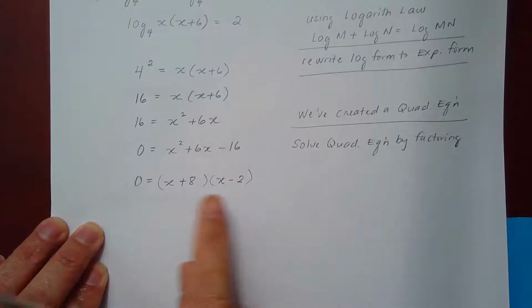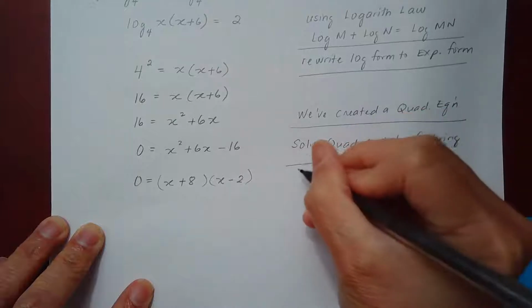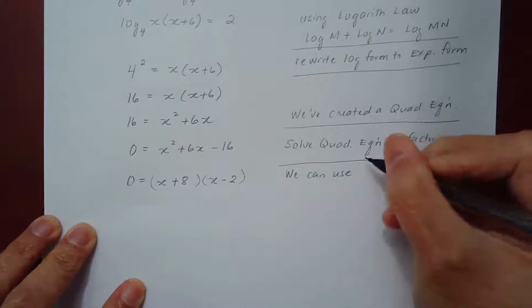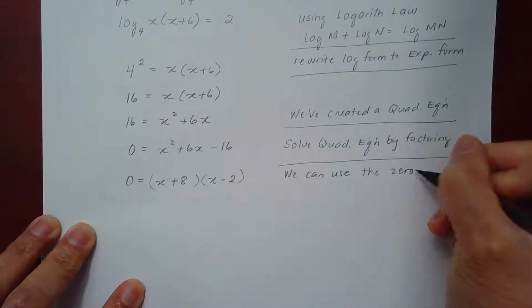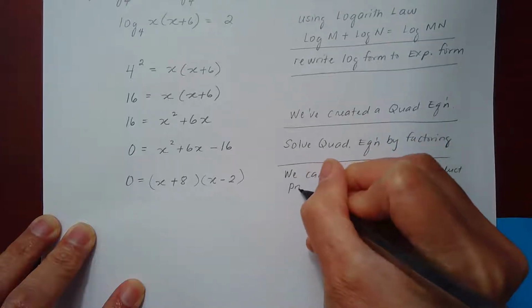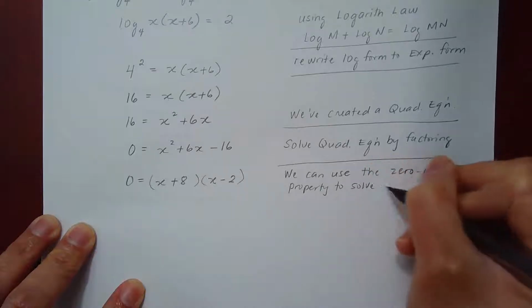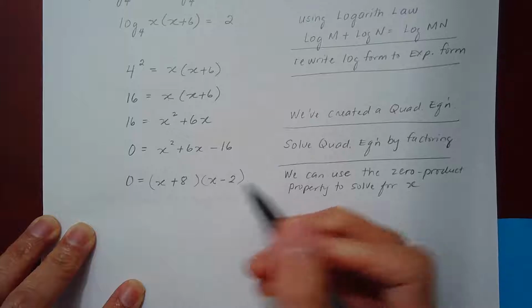Once we have it here, we can use the zero product property to solve for x. You have two solutions in here.